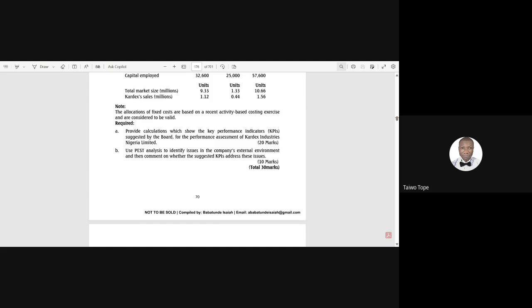Let me see what the examiner is saying in their report. That this question tests candidates' understanding of computation of key performance indicators as well as PEST analysis. That about 80% of the candidates attempted the question, but however, only about 30% of them understood the subject matter, and that was responsible for the poor performance.